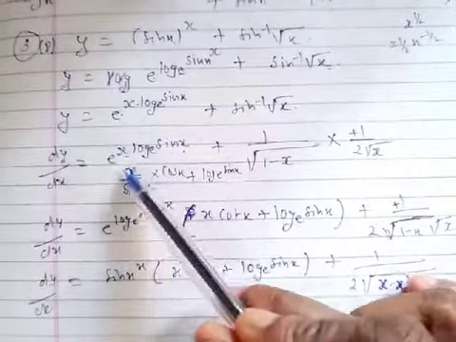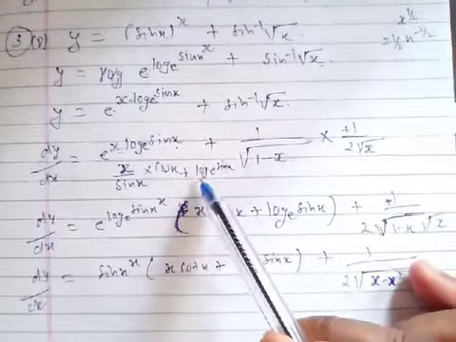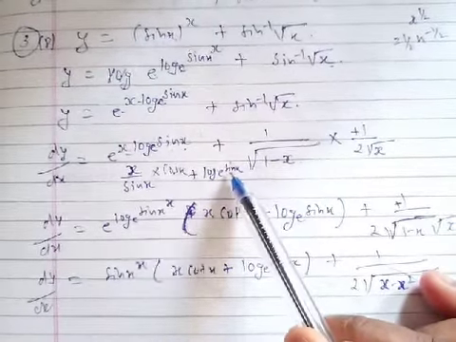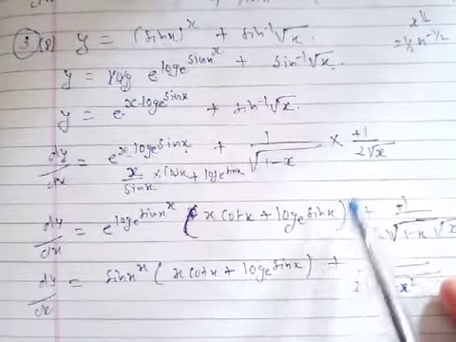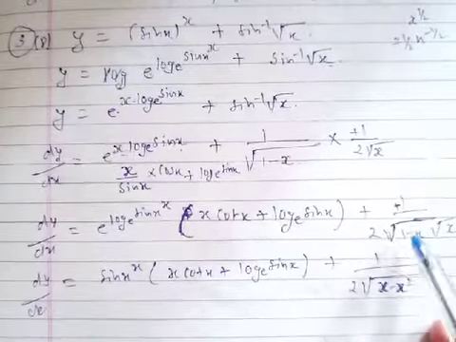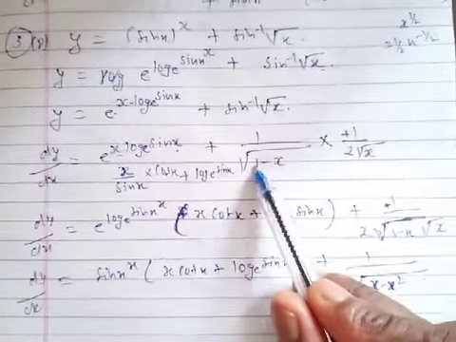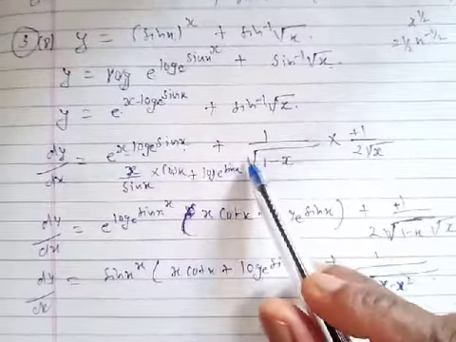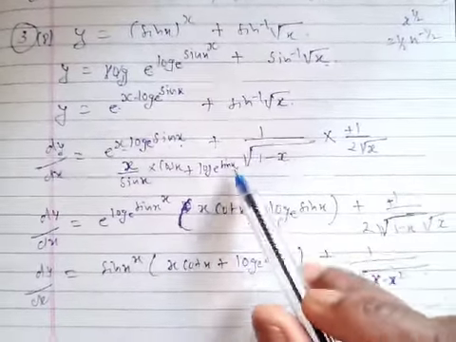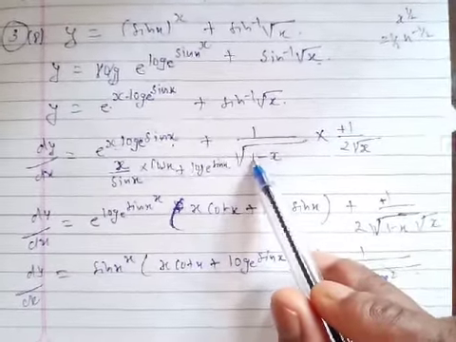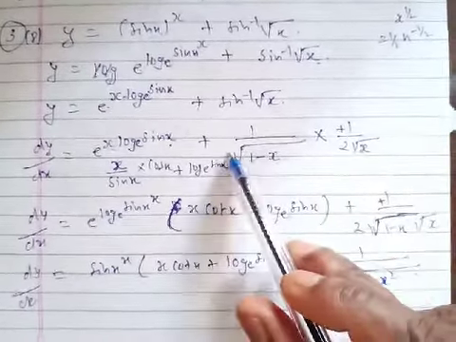And here what we get? X cot x plus e log e raised to sin x. Here if you simplify, 1 upon 2 root x minus x square: the root will multiply inside, so x minus x square, and this will be 2.